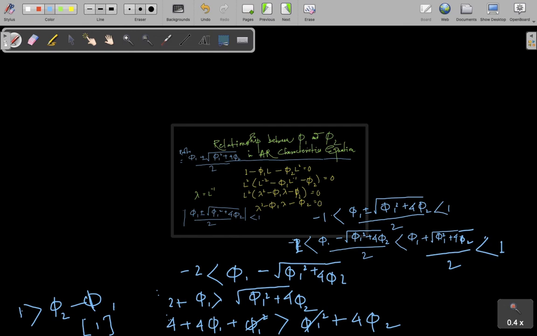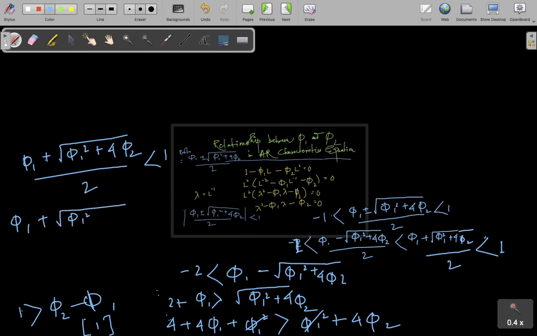Now we'll use the other inequality where we wrote phi 1 plus square root of phi 1 square plus 4 phi 2, by 2, to be less than 1, which means phi 1 plus square root of phi 1 square plus 4 phi 2 is less than 2, or you can take the square root of phi 1 square plus 4 phi 2 on one side, and on the right hand side you will have 2 minus phi 1.